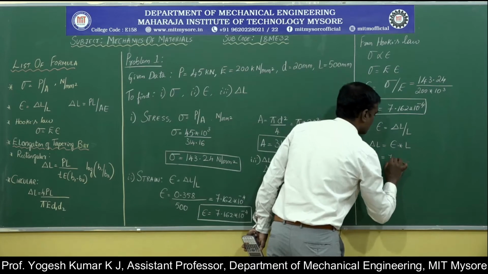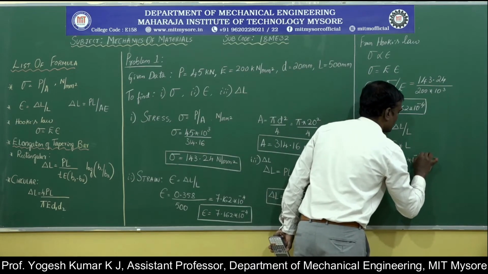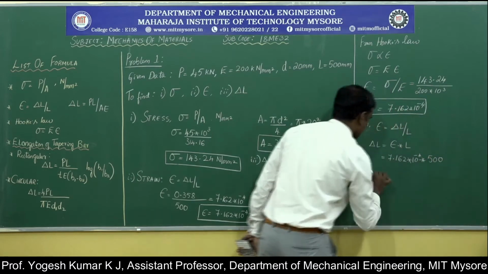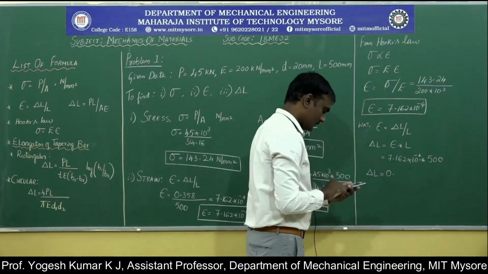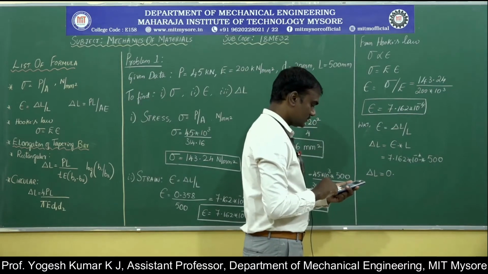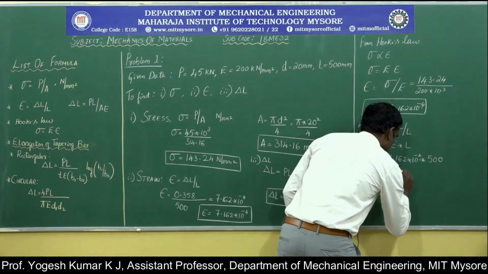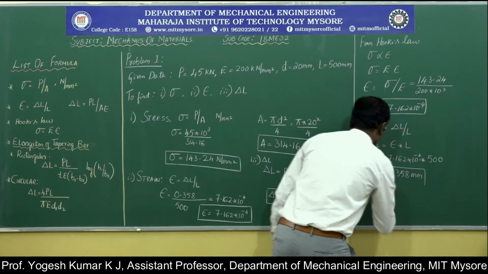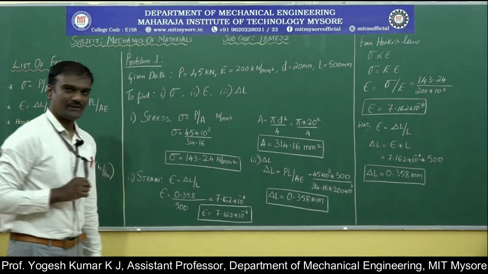We have found the strain, 7.162 into 10 power minus 4, into the original length of 500 mm. So delta L is, we got the same value, 0.358.